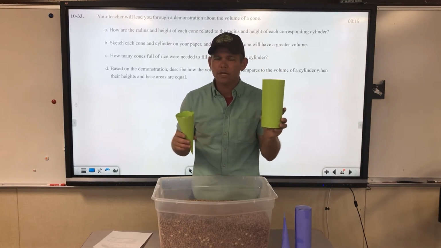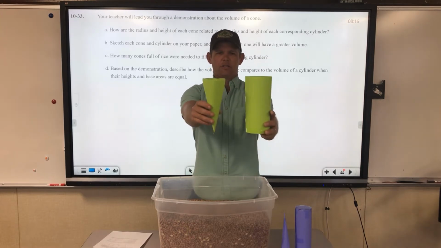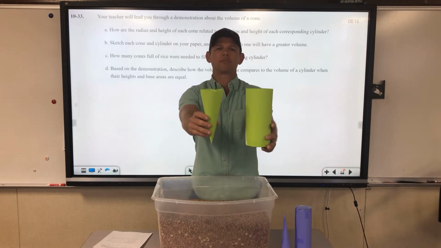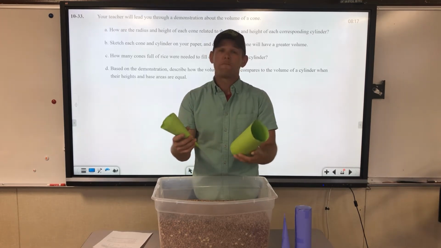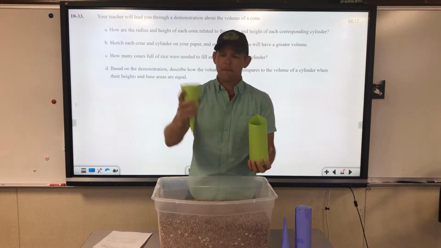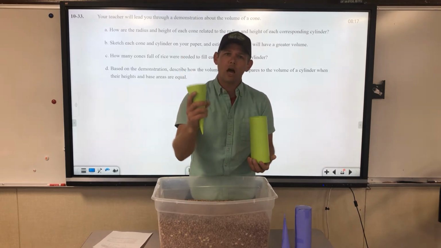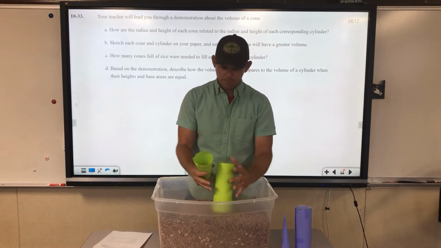But the question is, how many times greater? Does that look like 2 times as much? 3 times as much? 4 times as much? So here's today's experiment. How many scoops of the cone fit inside of the cylinder? So here we go.